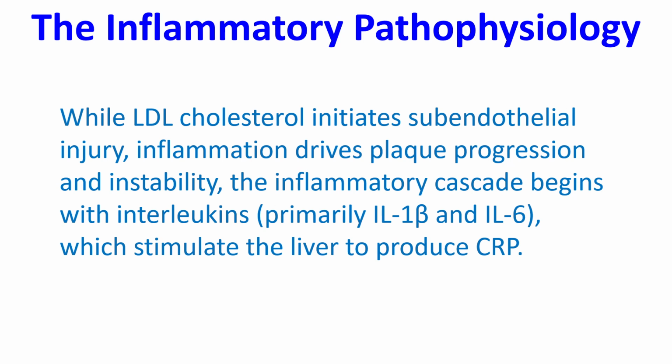While LDL cholesterol initiates subendothelial injury, inflammation drives plaque progression and instability. The inflammatory cascade begins with interleukins, primarily interleukin 1 beta and interleukin 6, which stimulate the liver to produce CRP.